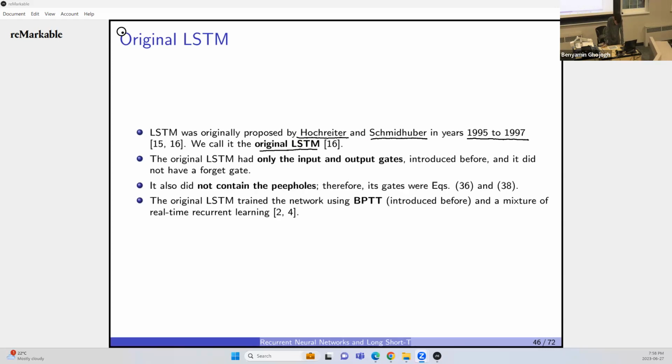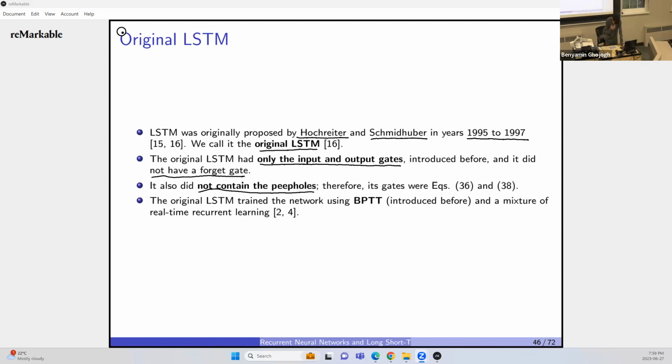The original LSTM had only the input and output gates. It didn't have the forget gate and other gates. It also did not contain the peepholes. Therefore, the gates were simplified to the equations that we had.